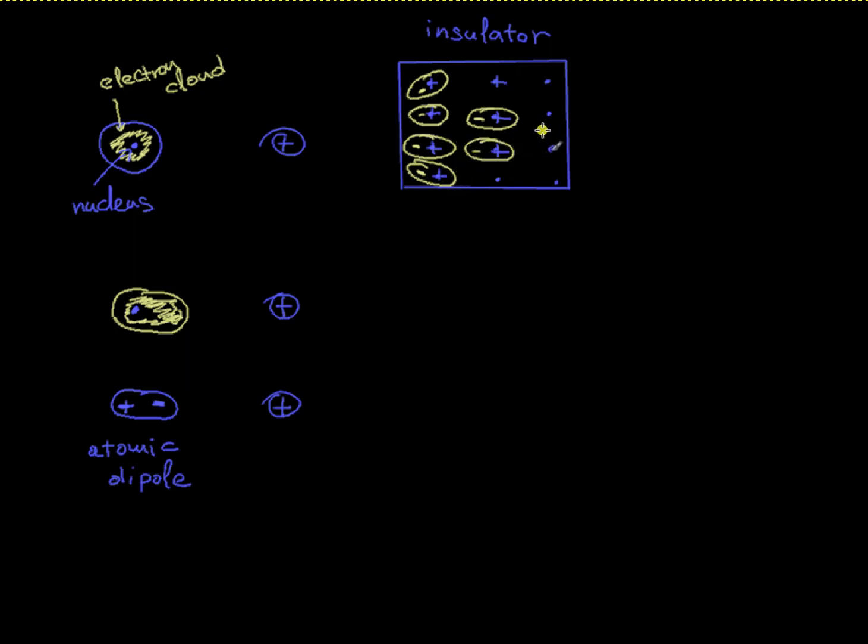Every atom in this insulator will become an atomic dipole. This external charge will induce atomic dipoles everywhere in the insulating block. Now, we know that if you remove this external charge, all of the atoms that are part of the insulating block will go back to the way that they were before.